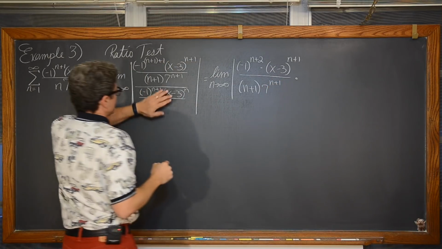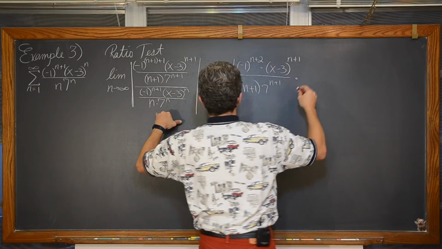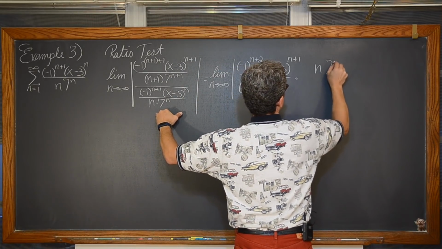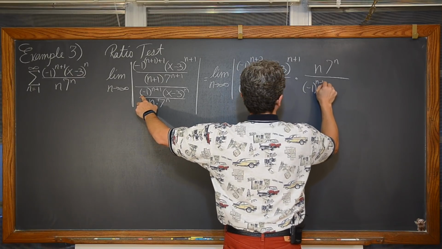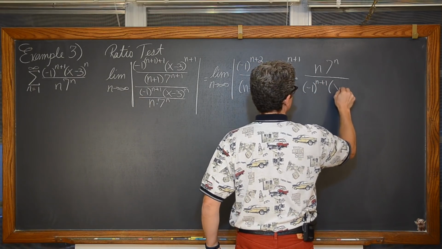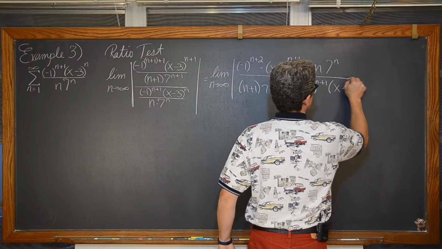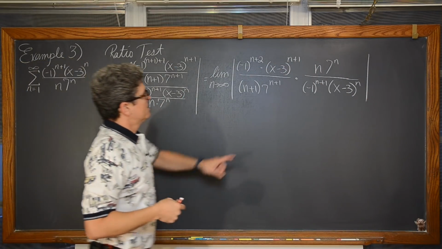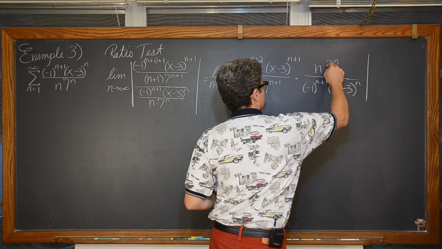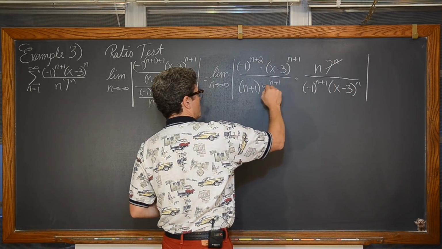Multiply that by the reciprocal of the denominator. We have n times 7 to the n over negative 1 to the n plus 1 times x minus 3 to the n power.